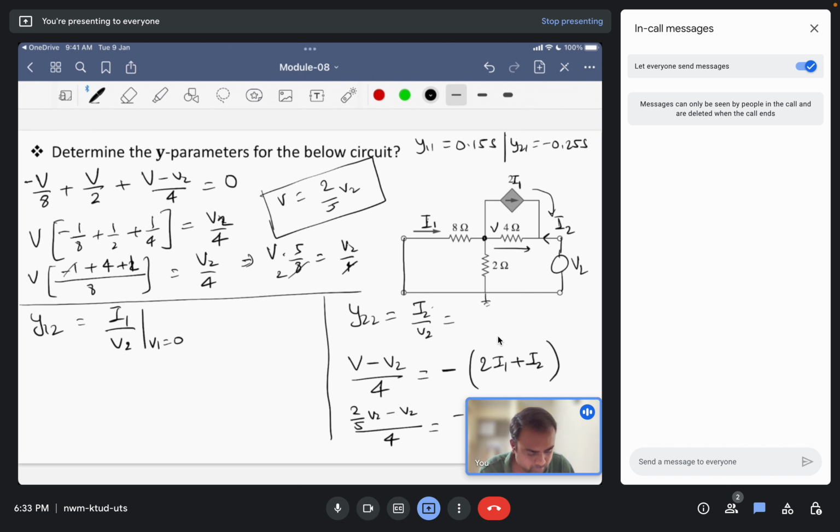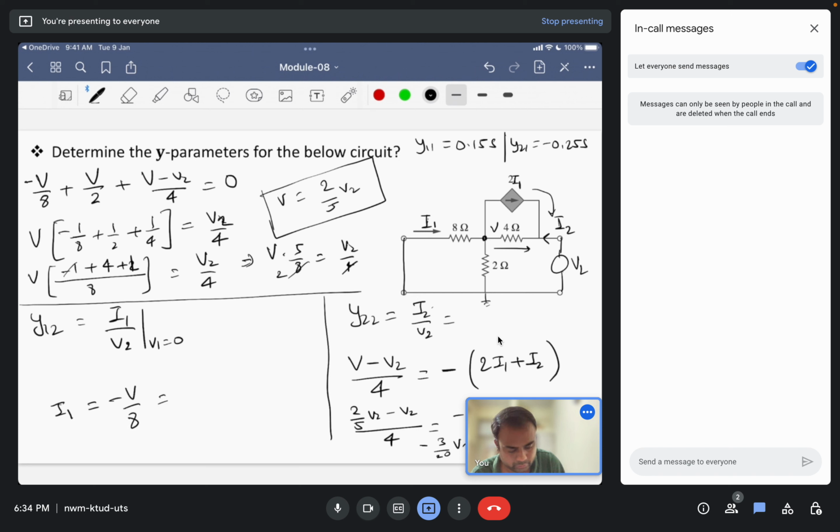Okay, so this will become minus 3 by 20 V2 is equal to minus twice I1 plus I2. Again we have to find I1 in terms of V2. I1 we have already calculated, minus V by 8.